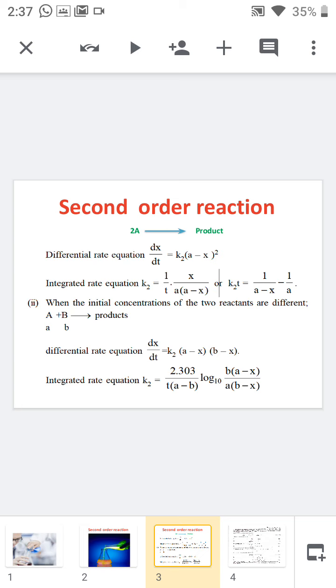Then after the integration, we get the integrated rate expression for the second order reaction: K2 is equal to 2.303 divided by t into (a minus b) into log of b into (a minus x) divided by a into (b minus x). So we have to learn by heart both the equations: the integrated rate expression for the second order reaction having one reactant and the integrated rate expression for the second order reaction having two different reactants.